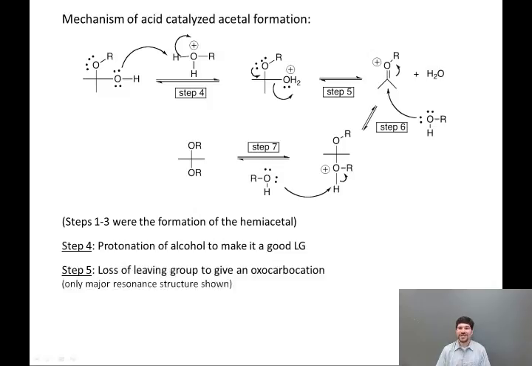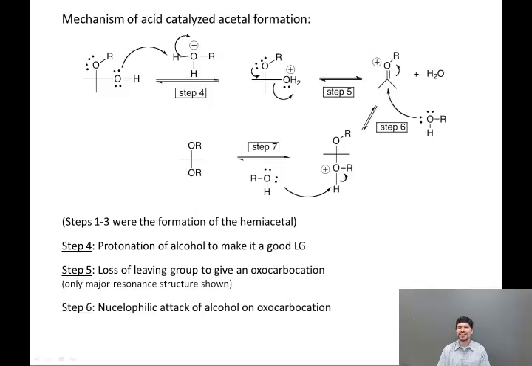Step 5 is the leaving group leaving to give an oxocarbocation. And in this particular diagram, only the major resonance structure of the oxocarbocation is shown. You should be able to draw the other resonance structure of that oxocarbocation.